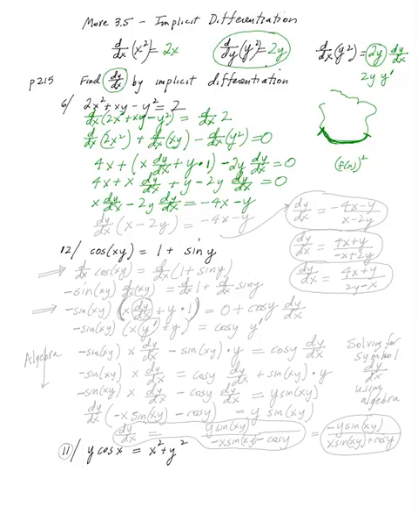Now, I want dy dx written just once. So I factor out a dy dx. And I have left x minus 2y. If you multiply x minus 2y by dy dx, you get this left-hand side of the equation up here. X dy dx minus 2y dy dx.